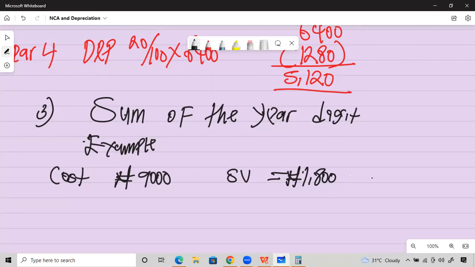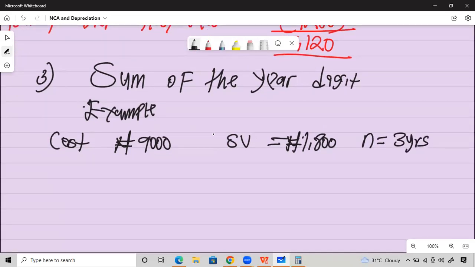And the useful life is 3 years. So you are now being told that you should calculate the depreciation using sum of the year digits.